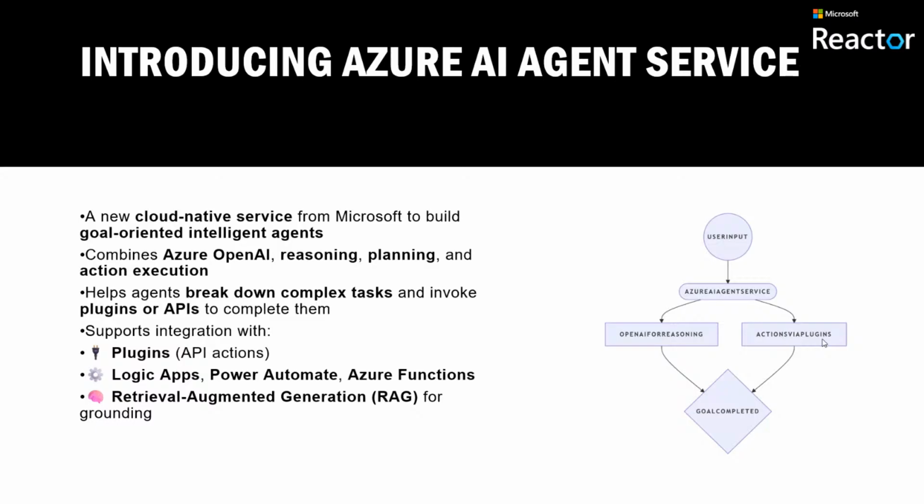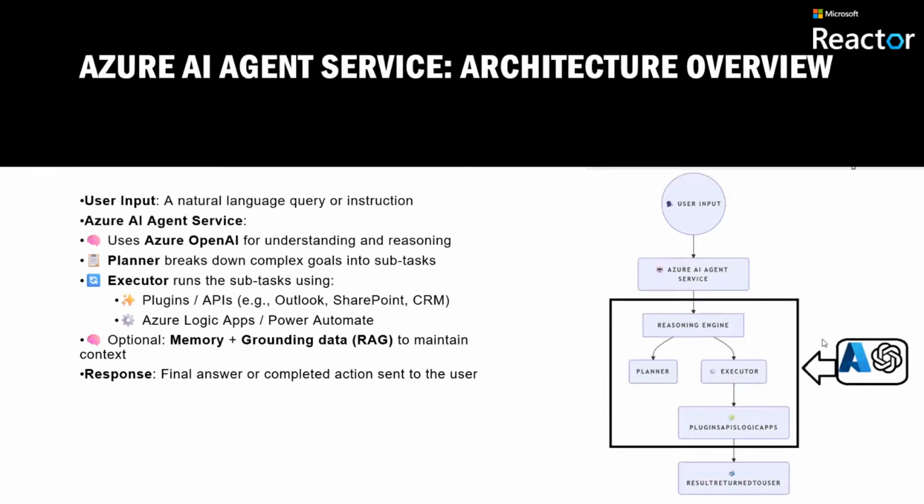So when it comes to the overall architecture, we have something called the input, and then we have the agent orchestrator, and then we have the LLM which is used for planning. Let me start with what all we have, and then I will go deep into it.